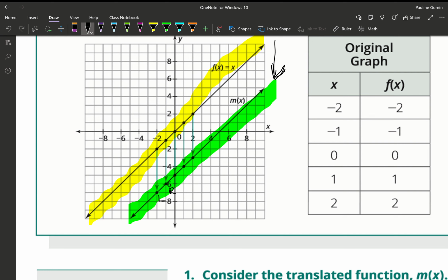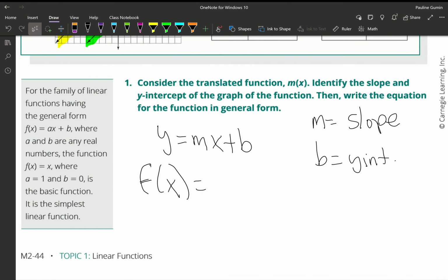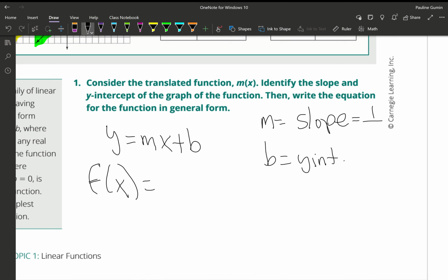Okay, so to go from left to right, I'm going to go up 1, to the right 1. So our average rate of change, our slope, the rise is 1, the run is 1. So 1 over 1. So 1 over 1x plus, let's do some color coding, m.